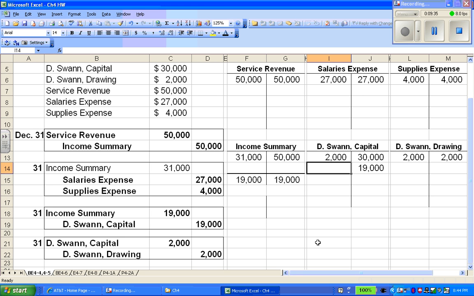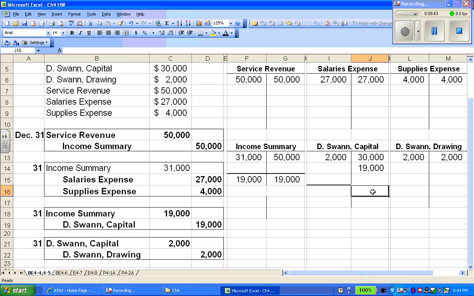And if we looked at our balance in our capital account, again, let me put a total here. And what I want to do is total up my credits.